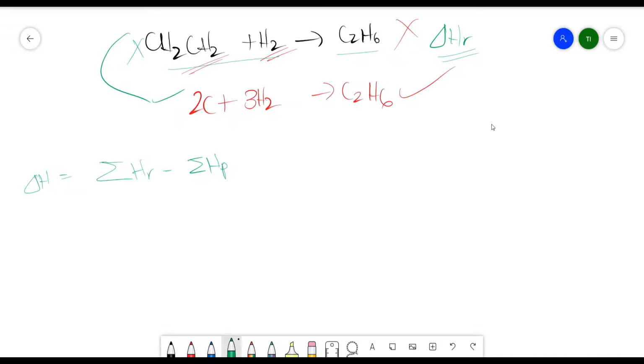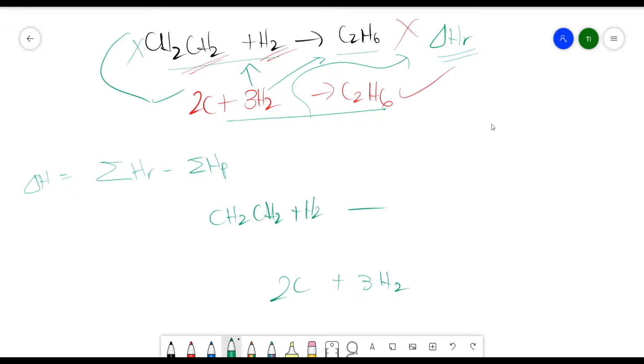Now, how do you relate this standard enthalpy change of formation to this standard enthalpy change of reaction? Well, you see that either way, 2C plus 3H2 can lead to this, or it can lead to this. That is where Hess's cycle comes into play. C2H4 plus H2 gives C2H6, right? And remember that I said that as long as your initial and final conditions are the same, you can treat it as an isolated closed system.